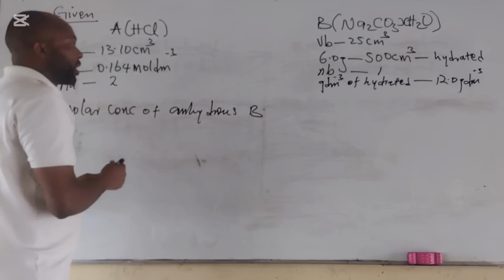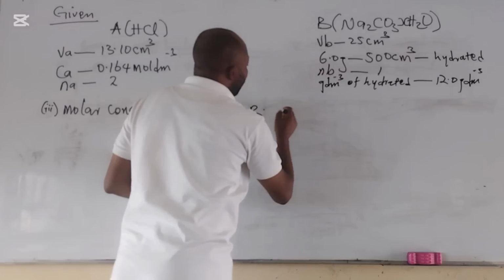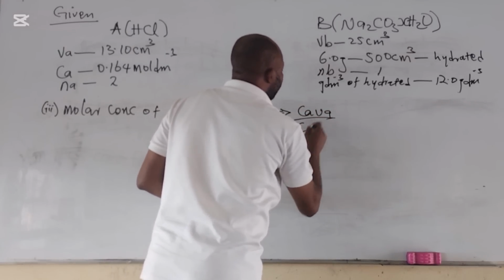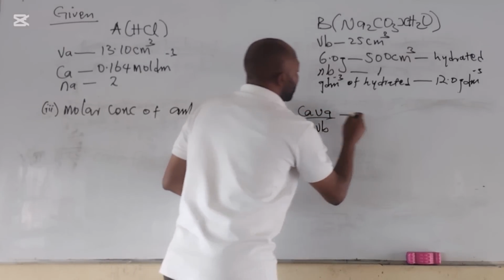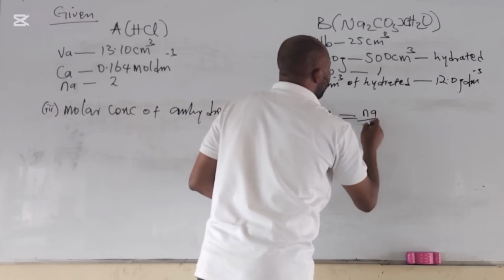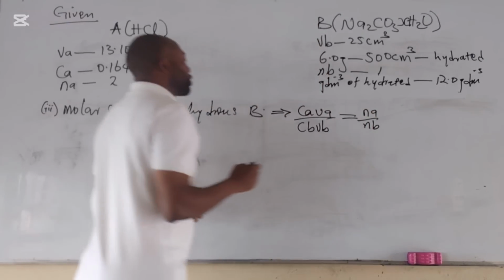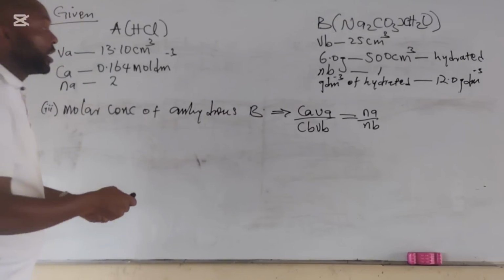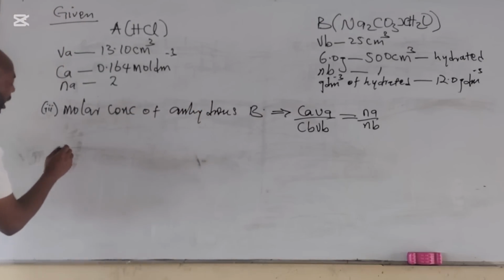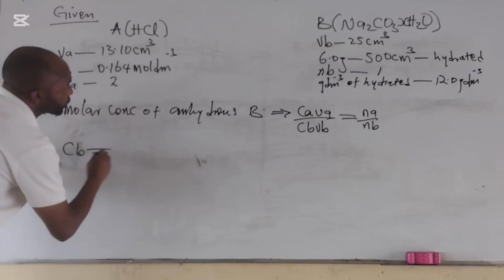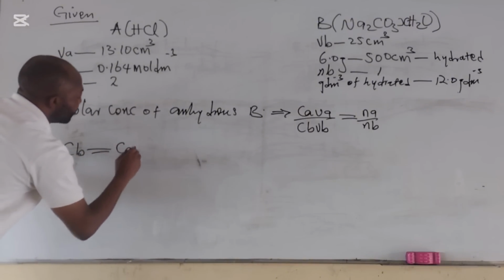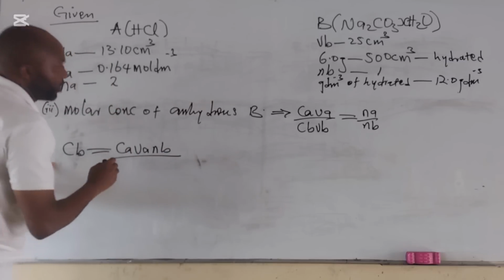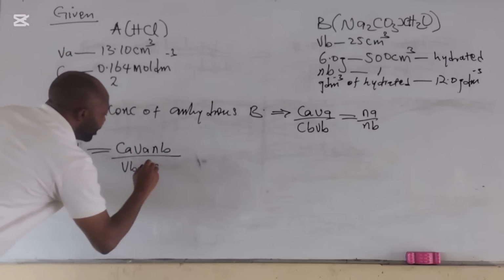So we can use that formula. The formula is CAVA over CBVB equals NA over NB. If I want to make my CB, the concentration of the base, the subject, I will now have CB equals CAVANB over VBNA.